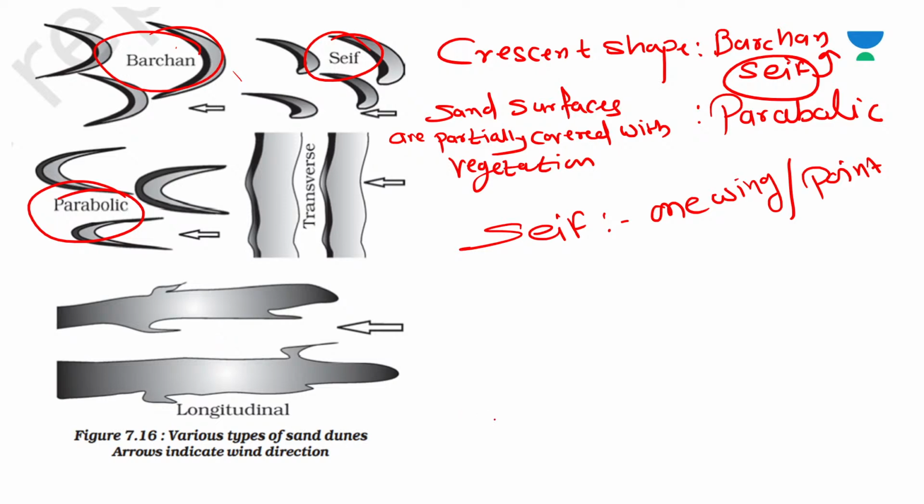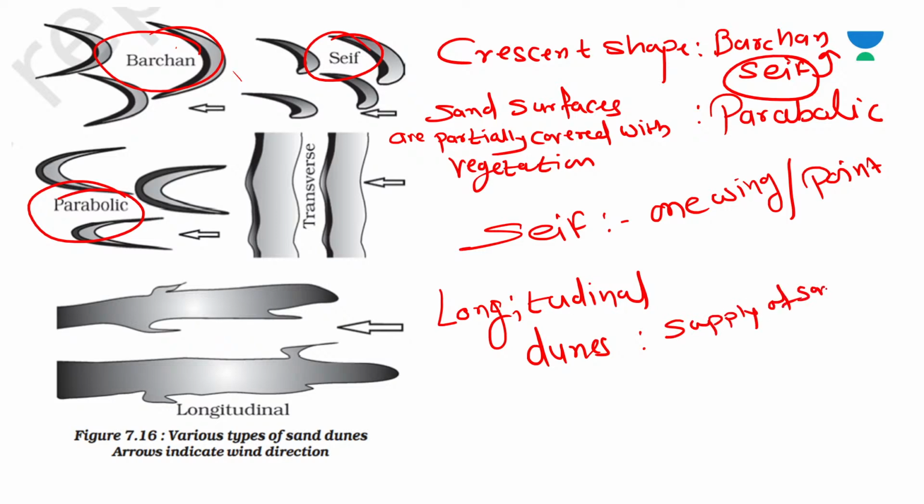Then longitudinal dunes, which form when the supply of sand is poor and wind direction is constant.